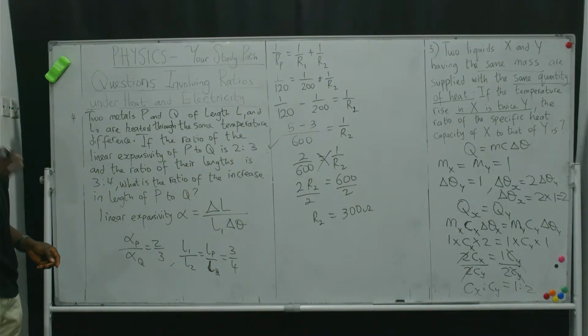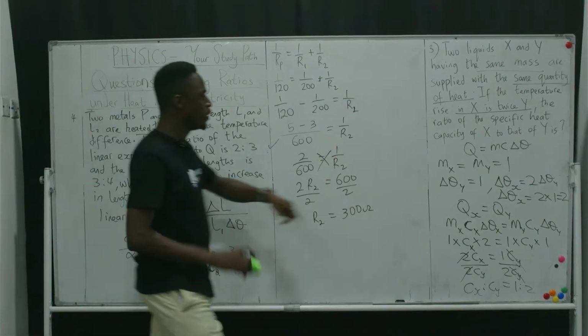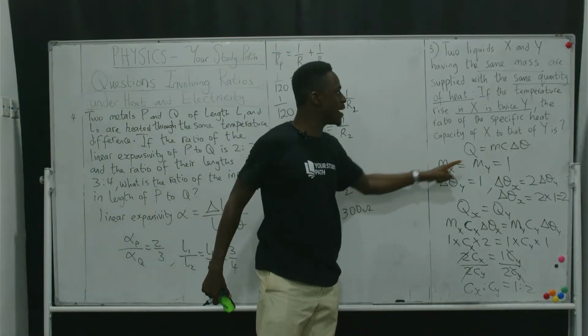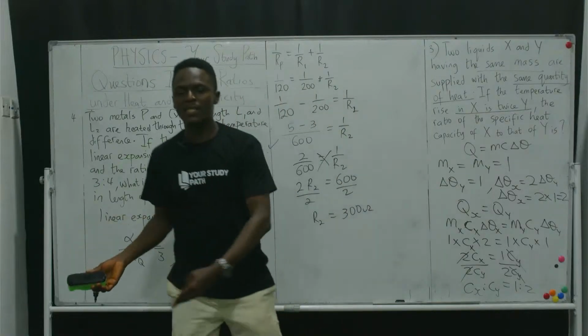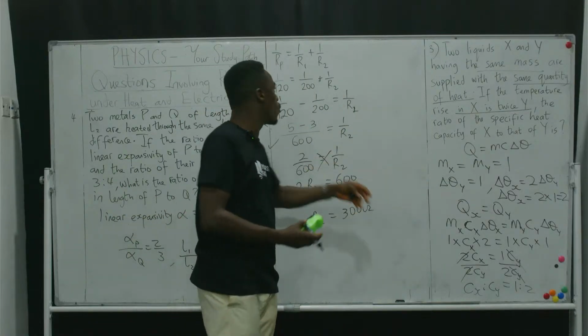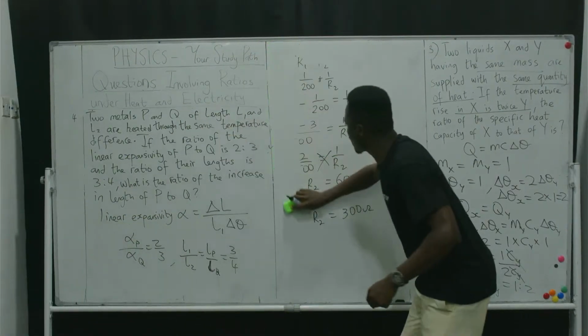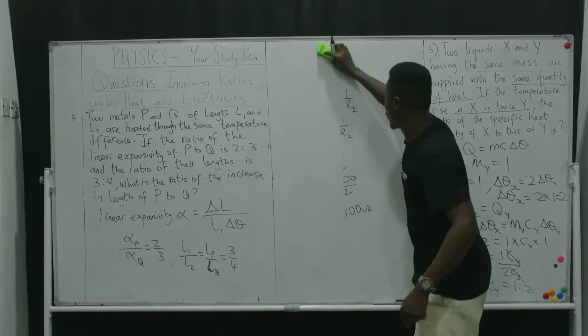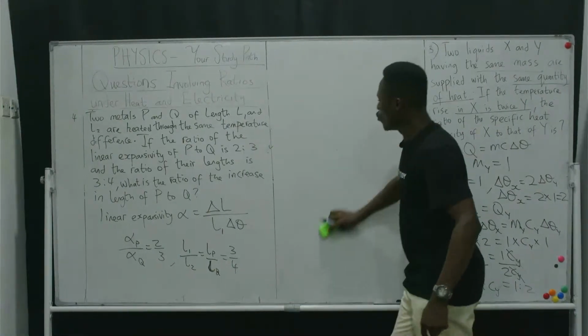And remember, we can easily use 1 to represent them. I've told you that before now. You can see it here. The same mass, we said first mass is equal to second mass, equal to 1. It takes out excess calculation from your work.